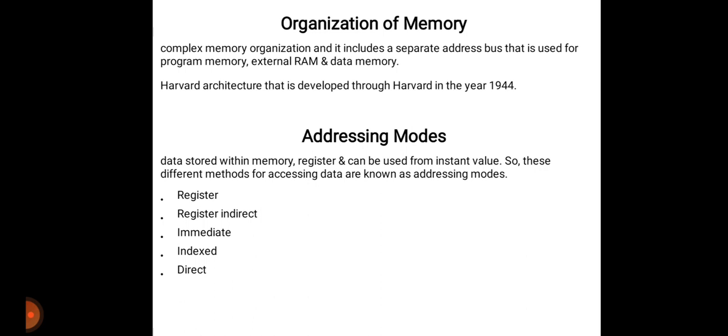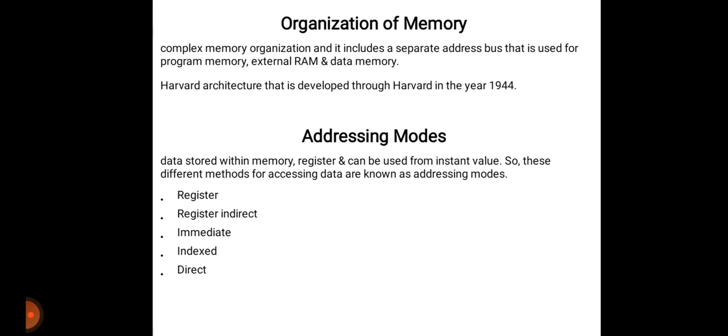The addressing modes of this microcontroller include register addressing mode, register indirect addressing mode, immediate addressing mode, indexed addressing mode, and direct addressing mode. So these are 5 types of addressing modes we have to study in this chapter.